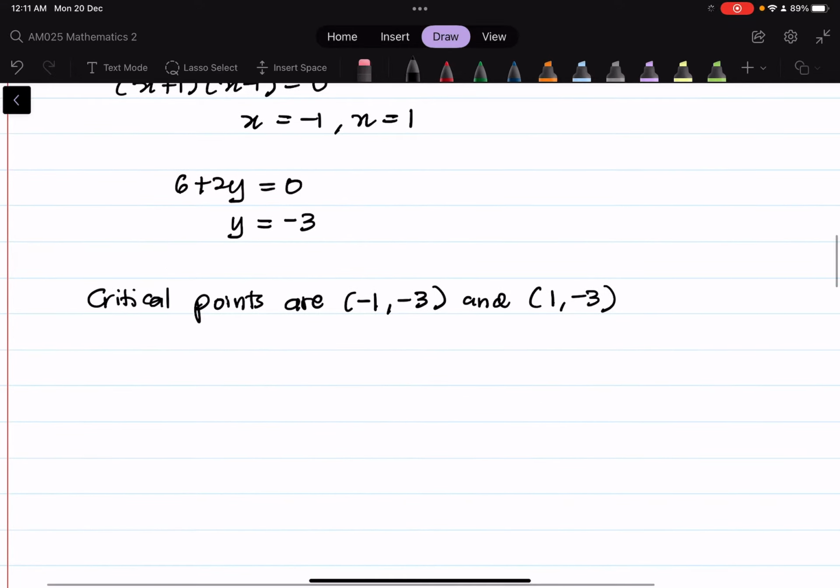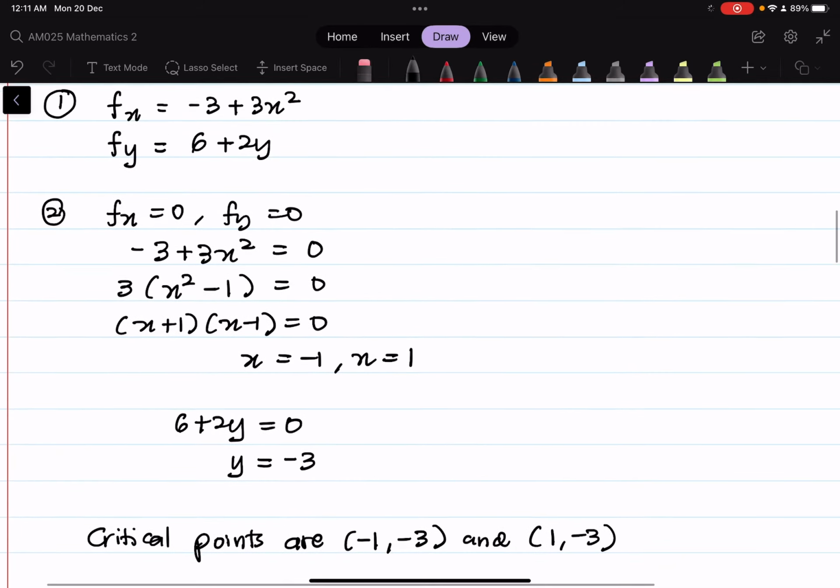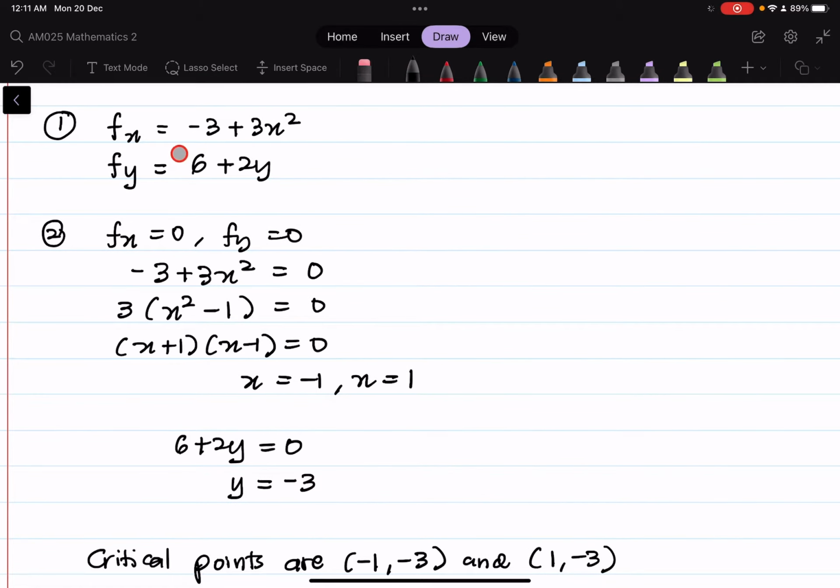So the third step. Let's find f sub xx, f sub yy, and f sub xy. For f sub xx, we need to differentiate f sub x with respect to x, which is 6x.